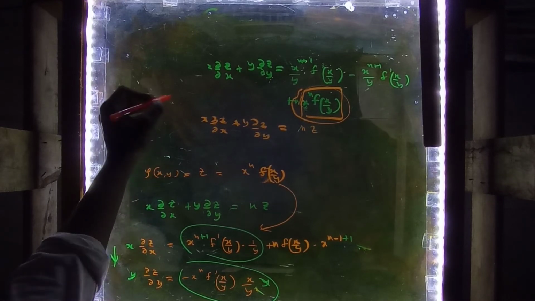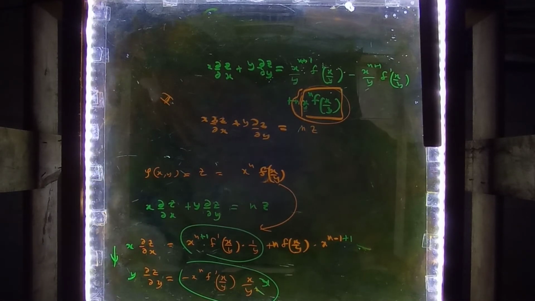This is our first Euler's identity. Next we need to prove the second one. Just try to do it at home yourself, and then I'll prove that also.